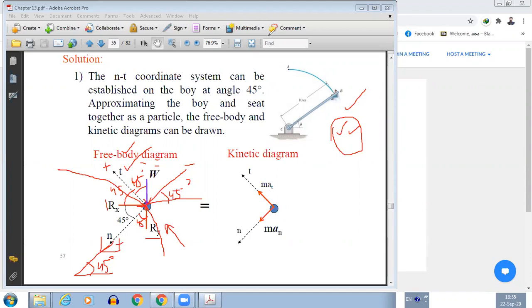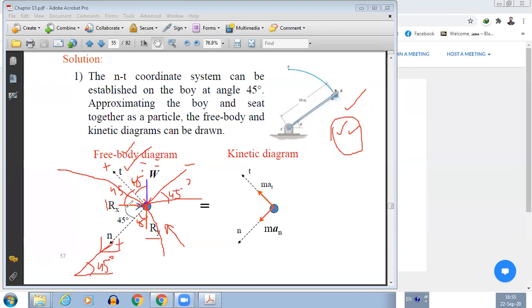Now let me change the color to blue maybe. So let's see Rx. Rx is in this direction, right? So we need to divide Rx into T and N components. If I put Rx in the N component, would it act in the positive N or the negative N direction?